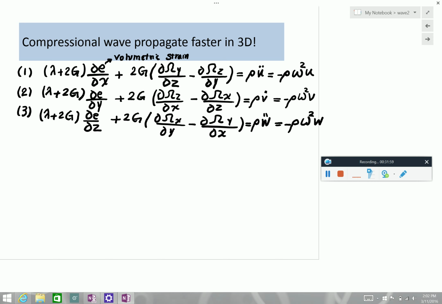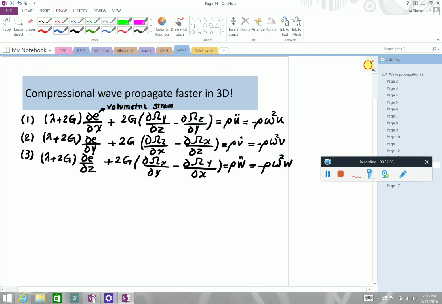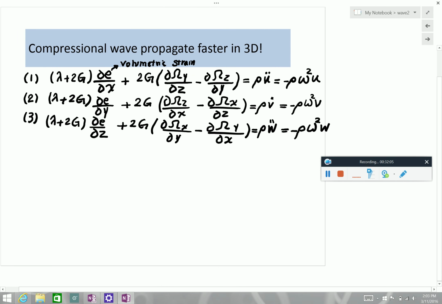And if you want to compare this to the one-dimensional case before, there we had E, and then we had the second derivative with respect to x.